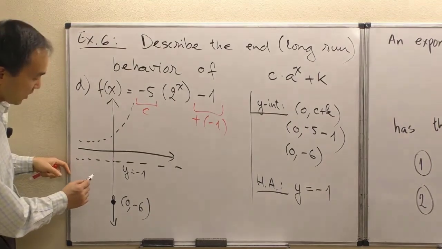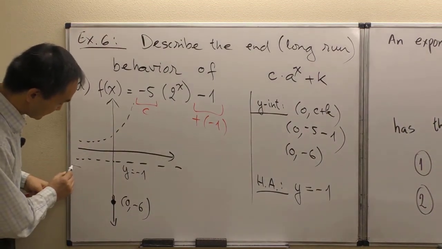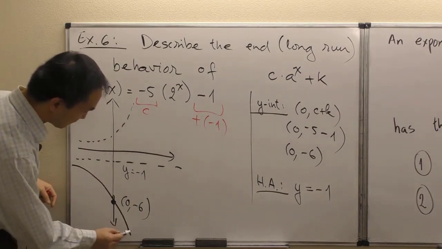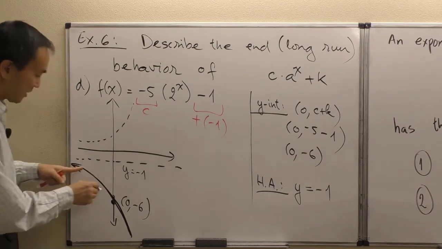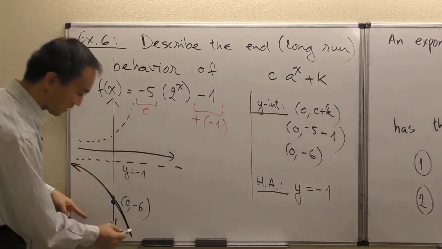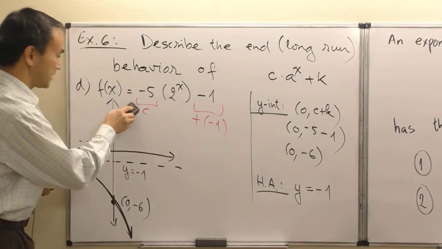Here's what it looks like. It must go that way: asymptotic on the left end, and dropping to negative infinity on the right end of the graph.